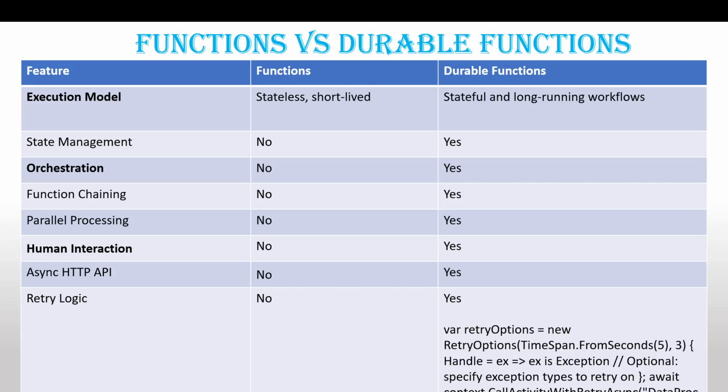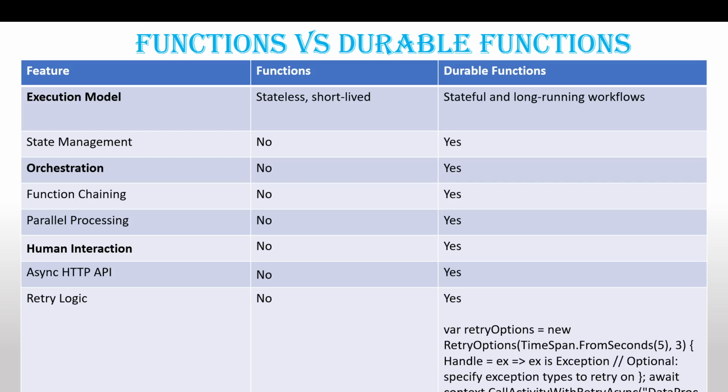Till the manager performs that event, your workflow will be in a paused state. Once the manager performs the task, either approve or reject, your workflow will be resumed. For this, there is a method called wait for external event in durable functions, which helps you implement this human interaction workflow effortlessly.